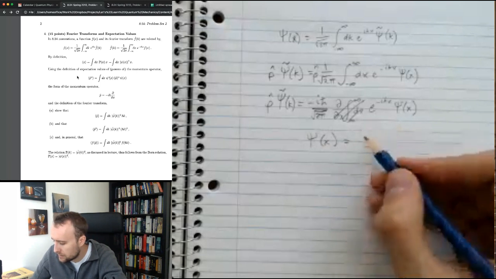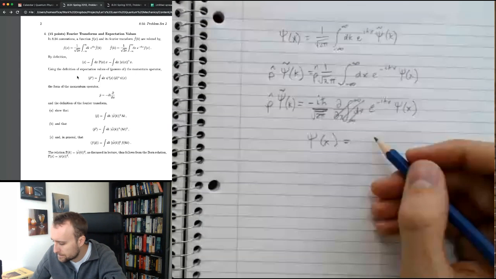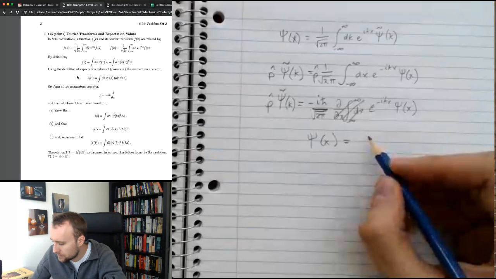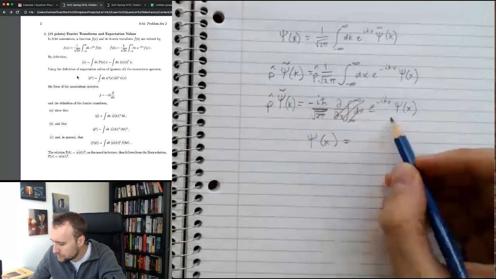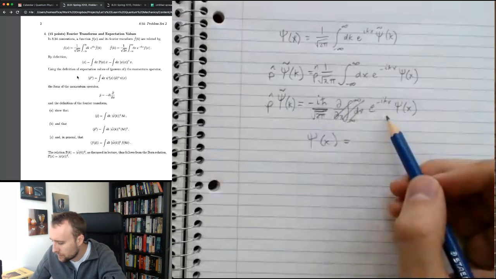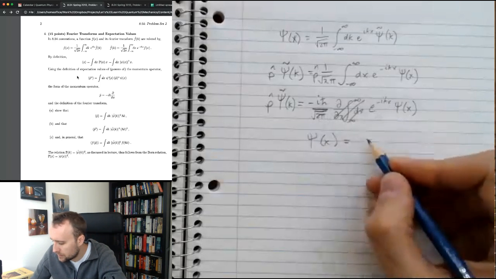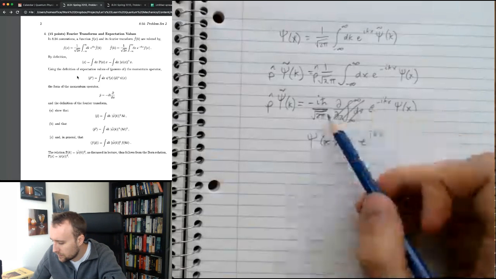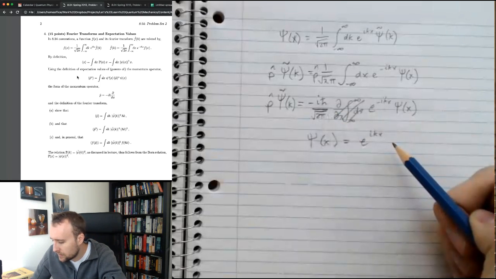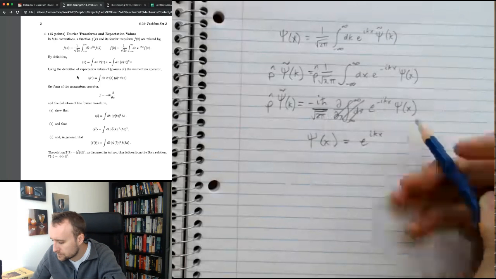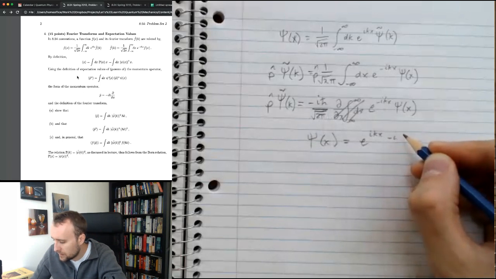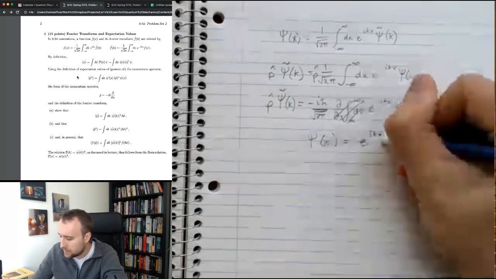We're going to get, so divide this out, we're going to get e to the ikx. We're going to get, so the negative ih bar is going to be on the bottom.